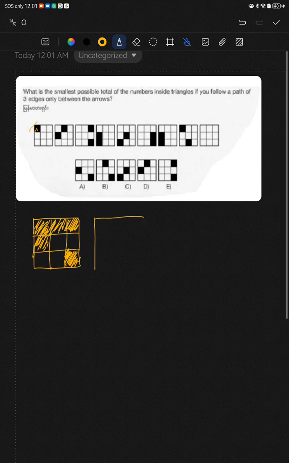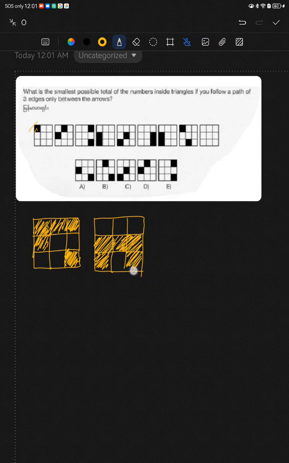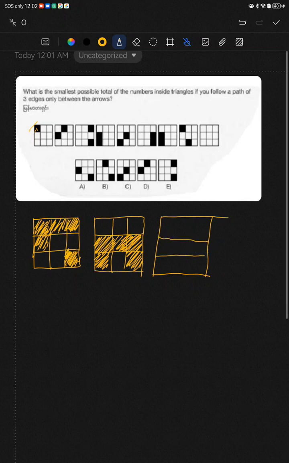Now I'm just going to repeat that for the remaining two groups. And this third group, we have to add something in order to complete the pattern, so it'll be incomplete.